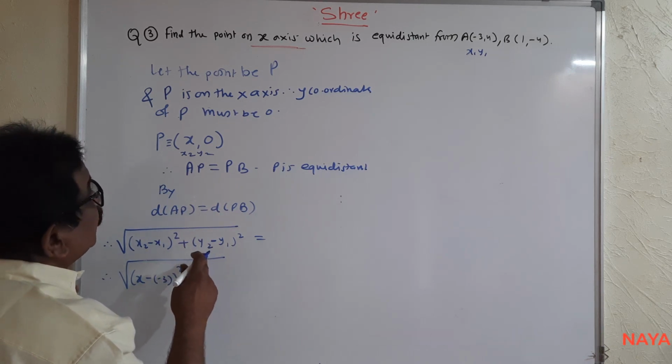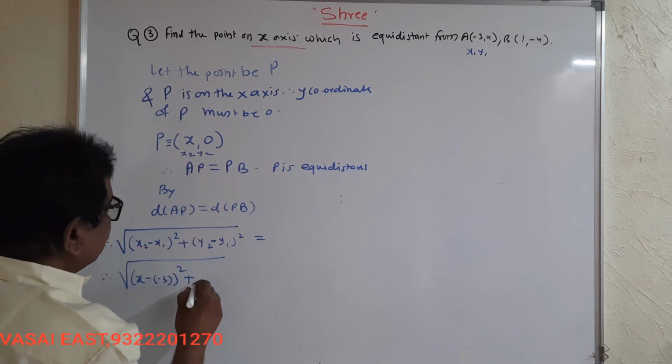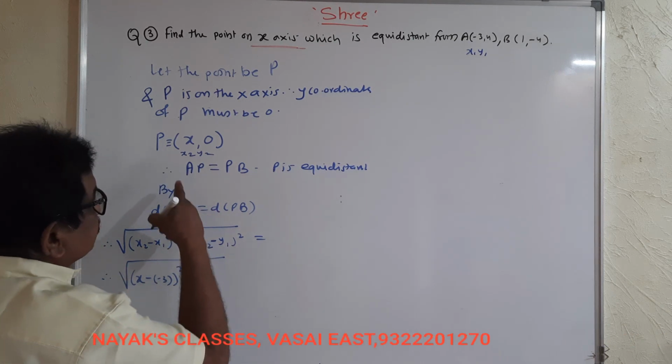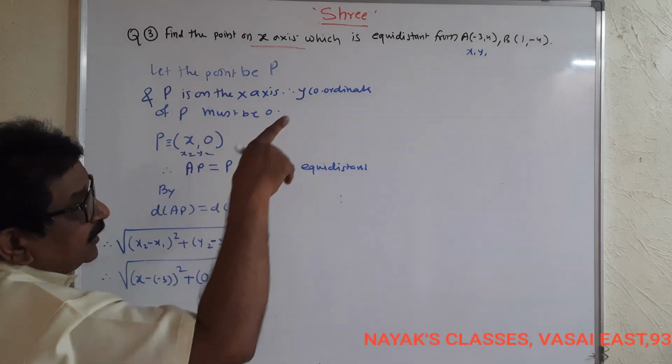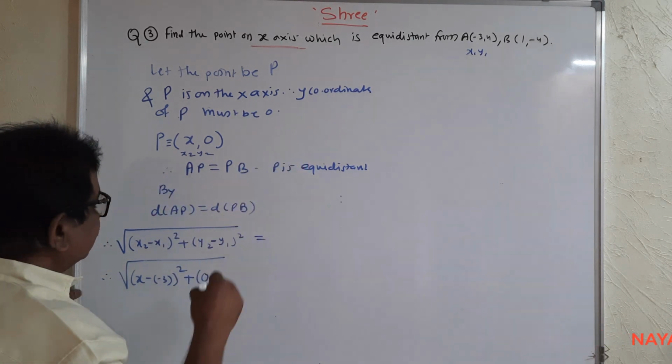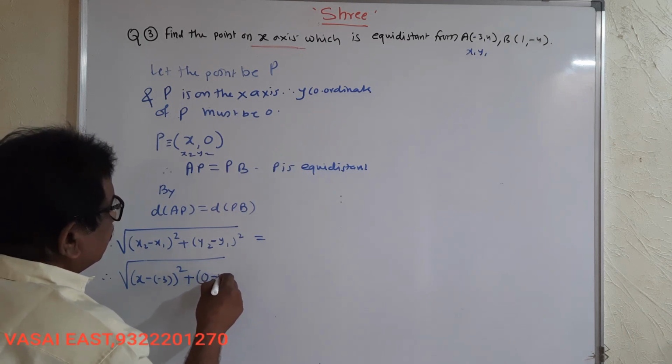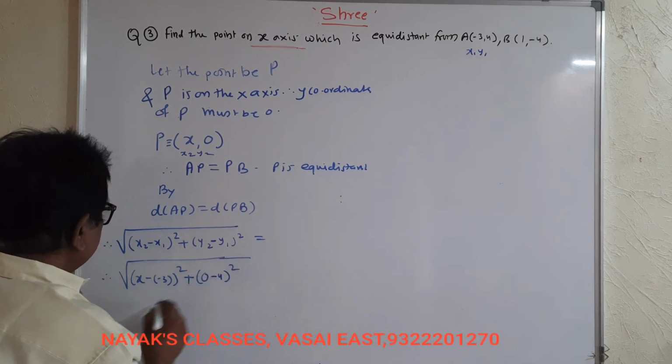Plus y2 is 0 and y1 is 4, so 0 minus 4 the whole square.